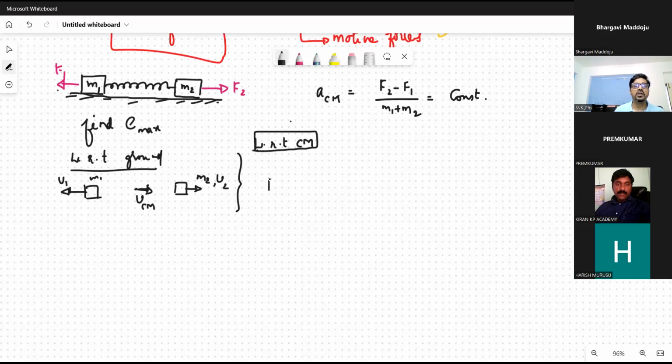If you look at M1 and then M2, and center of mass is somewhere here, which is fixed. With respect to center of mass, it is stationary. So velocity of M1 would be V1 cm.